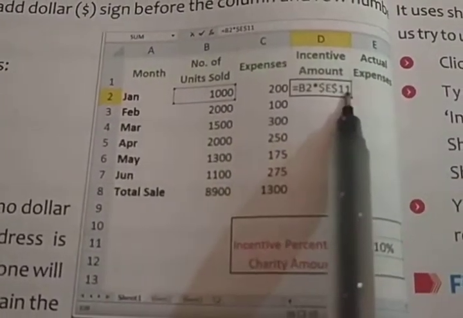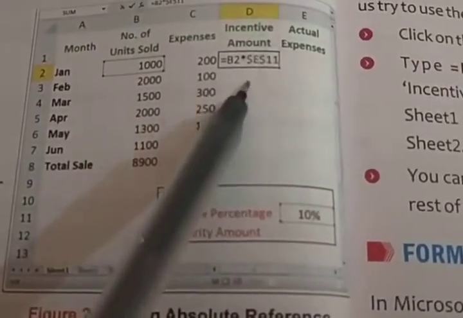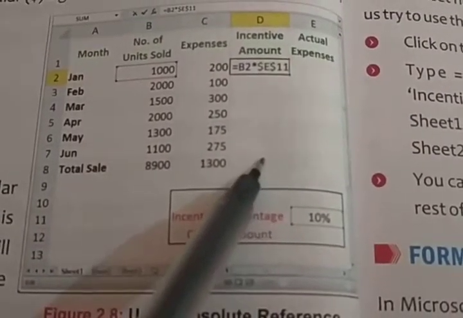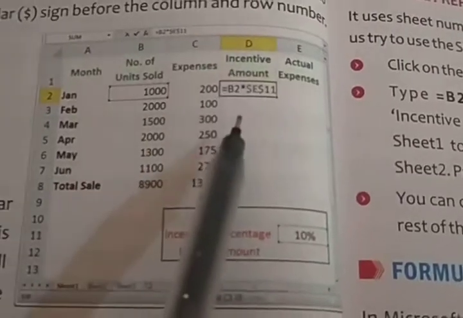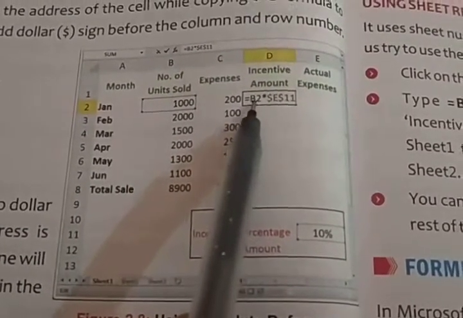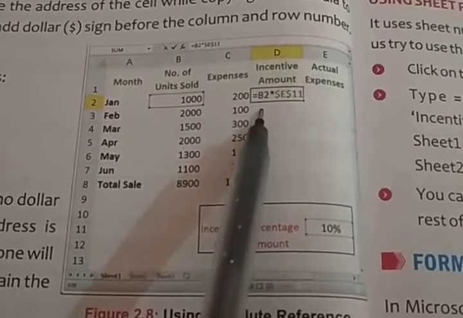Means E11, we are not going to change this E11, means it should be static, 10%. It should be the same in all the cells. We are going to do the calculation, and it will be the same in all the cells. So this will be as it is, but the value of B2 will change continuously.